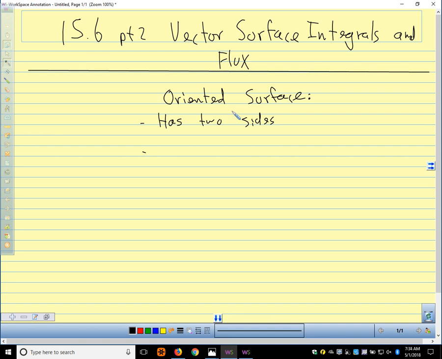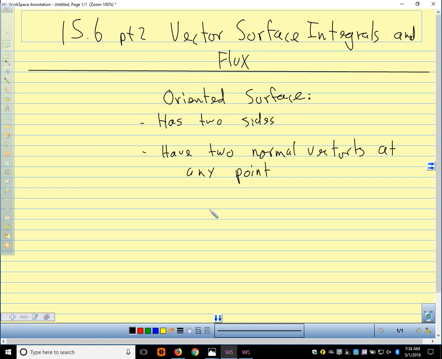So the idea is we want to be able to say, on the surface, this direction is up, this direction is down. So oriented or orientable surfaces have two normal vectors at any point. Let's draw a little picture here.